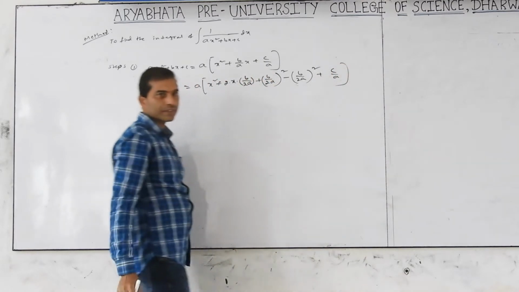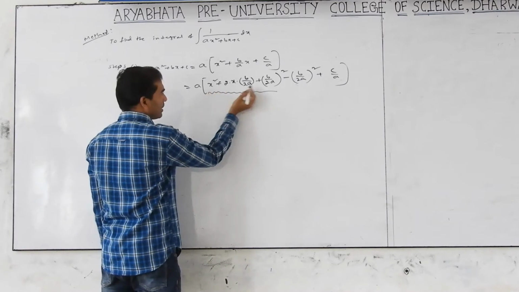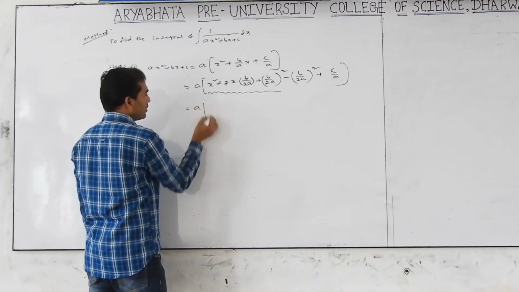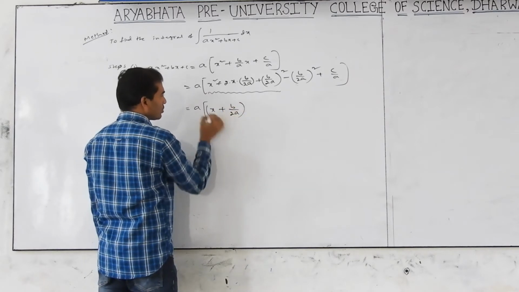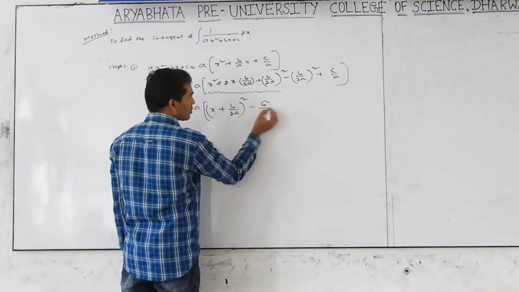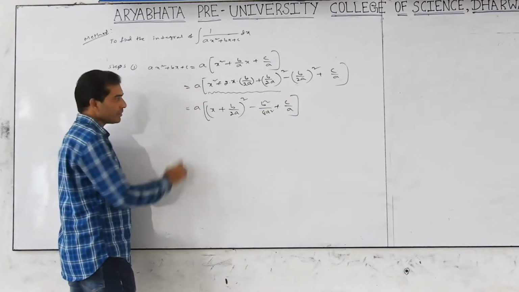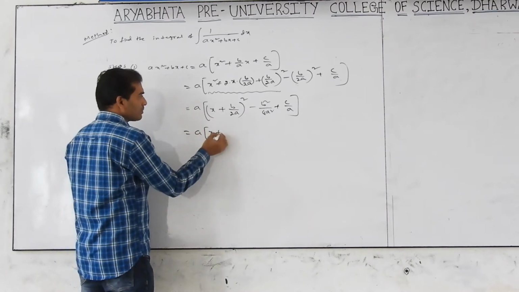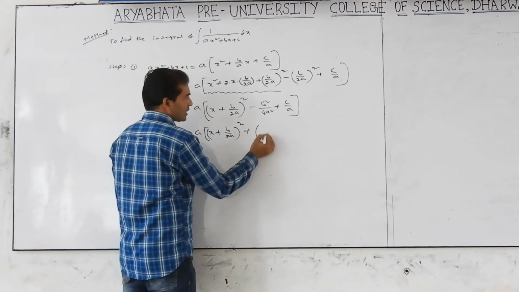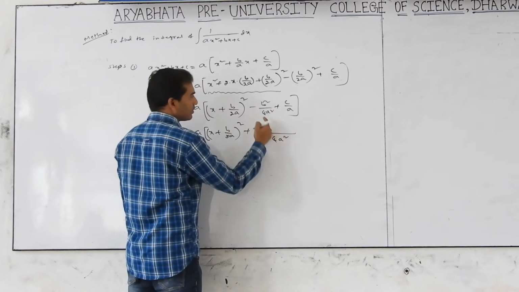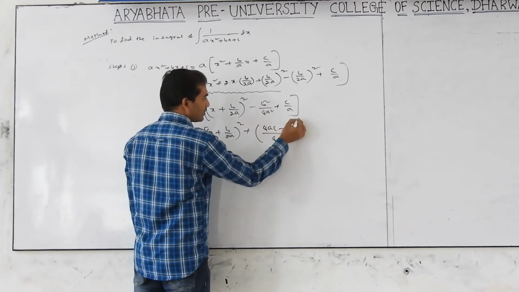Are you following this? Now, what is the use of this? It is a square plus 2ab plus b square, so a into (x plus b by 2a) whole square minus b square by 4a square plus c by a. That is a into (x plus b by 2a) whole square plus, taking the LCM 4a square, (4ac minus b square) by 4a square.